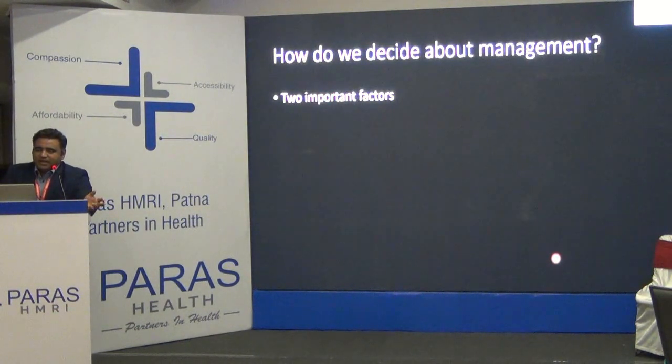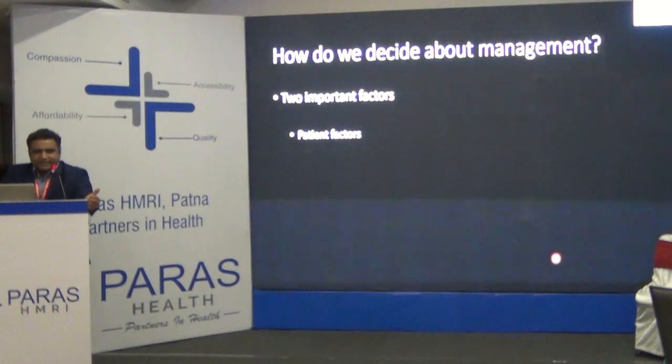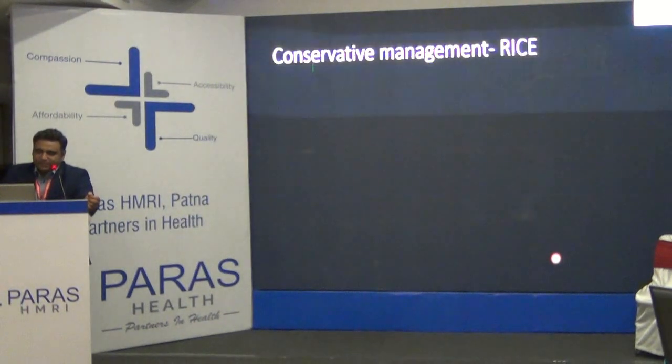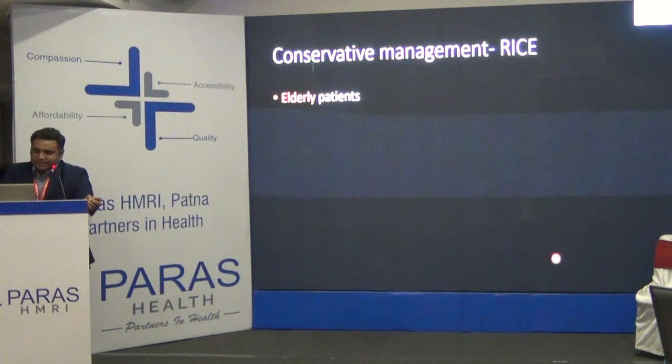Once you have done the MRI, how do we decide about the management of these injuries? There are 2 important sets of factors: those related to the patient and those related to the meniscus itself. Conservative treatment is usually RICE: rest, anti-inflammatory, compression and elevation.